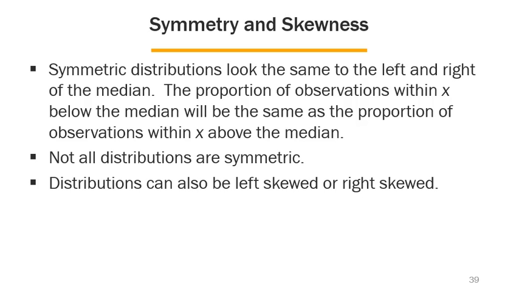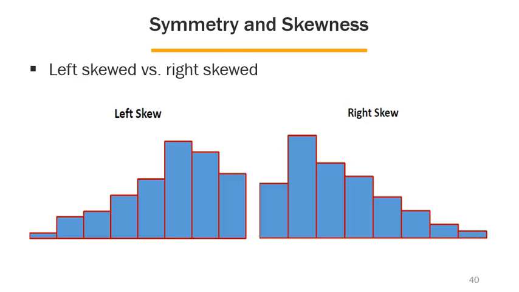Not all distributions are symmetric. The normal distribution is, so if you are familiar with the normal distribution already, that is a symmetric distribution, but distributions do not have to be symmetric. They can be left skewed, they can be right skewed. Examples of left and right skewed distributions are here, just an image of how they would appear.